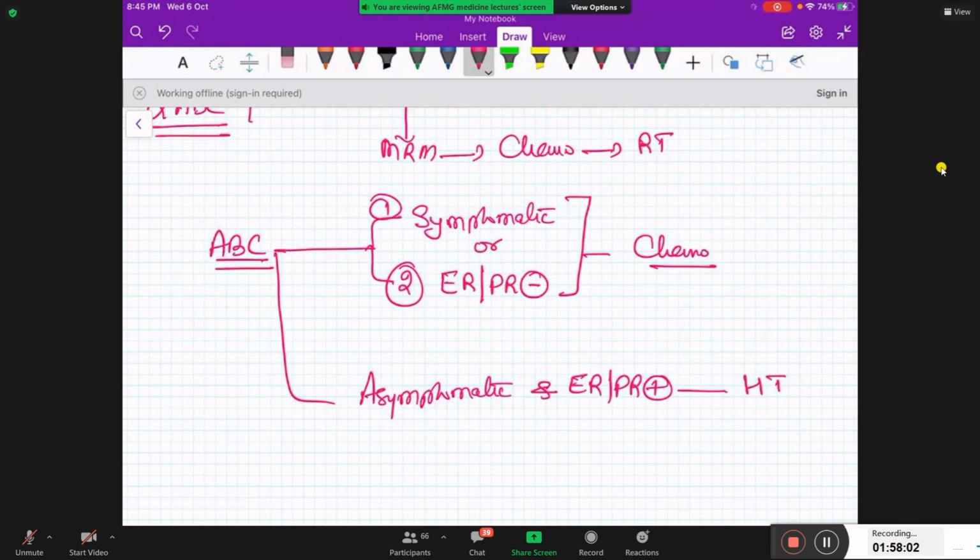But once any malignancy goes into stage 4, what is stage 4? Any T, any N with M1. Every stage 4 malignancy patient has an average survival.